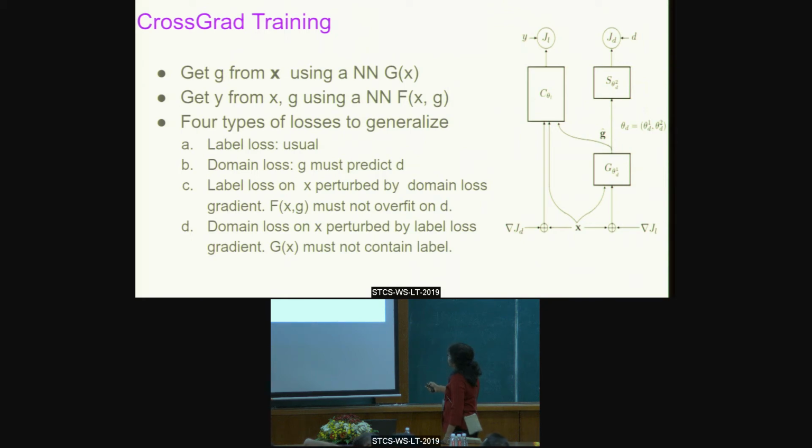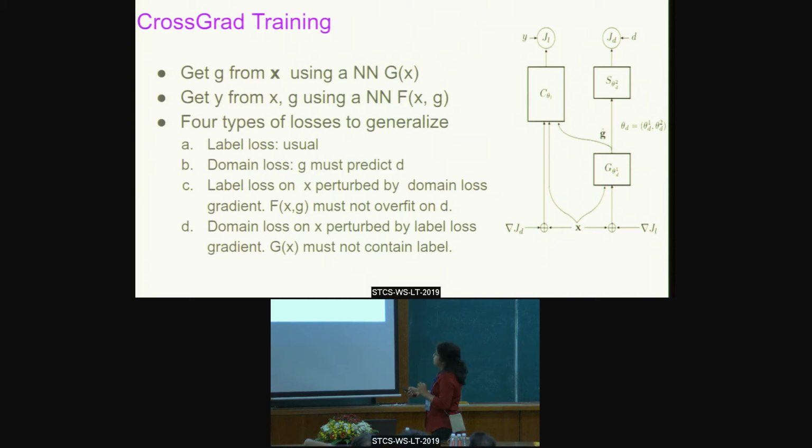But in order to make sure that this branch does not have label information, when we train this branch, we also feed it X's which are perturbed along the label loss. So it's a symmetric network. We perturb X both along the domain loss and the label loss, and we feed it in the cross way. And that's how we get 4 types of losses at the time of training: the standard label loss, the newly added domain loss, plus the label loss on X perturbed by domain loss gradient, and the domain loss on X perturbed by label loss gradient.